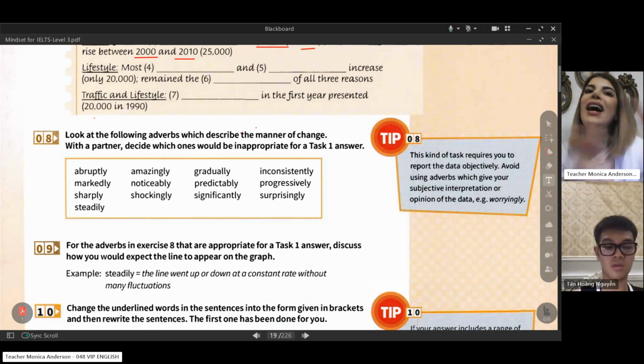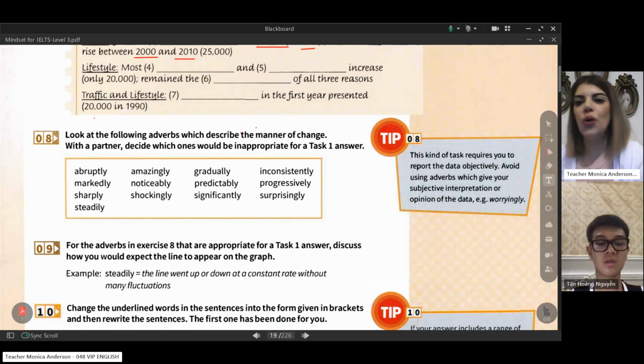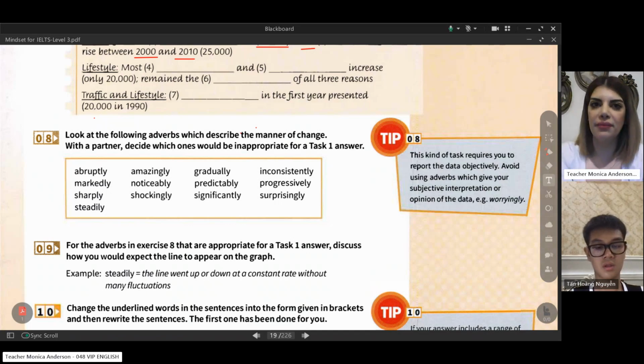So instead of fast and dramatic, you can say abruptly, because it's something that happened suddenly, unexpectedly.